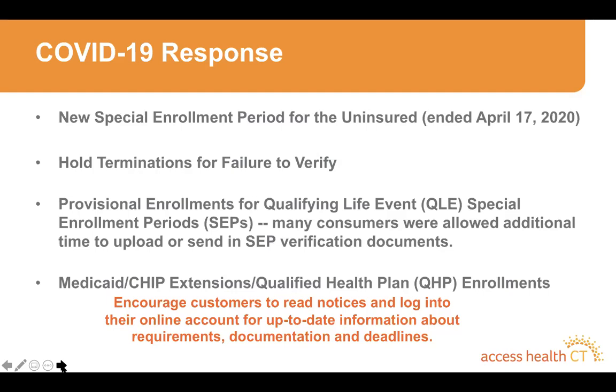So even though their eligibility changed after their Medicaid ended in March initially, and they went into a QHP, DSS has extended their Medicaid such that they will remain in the program that they were in March through the end of June.